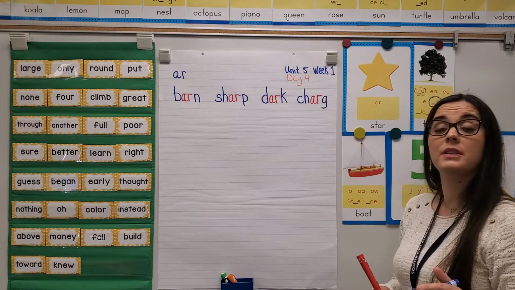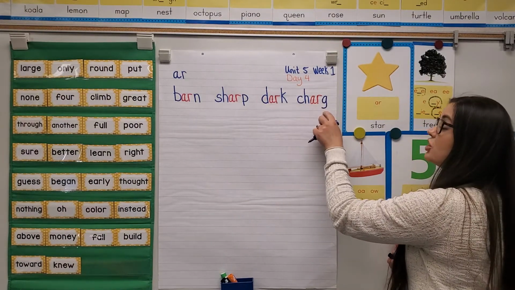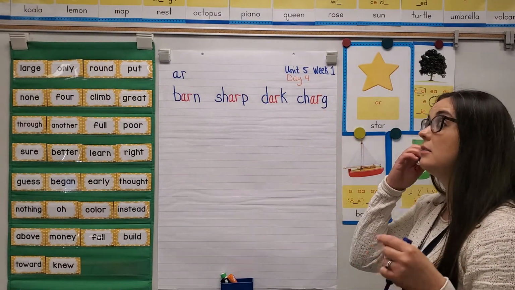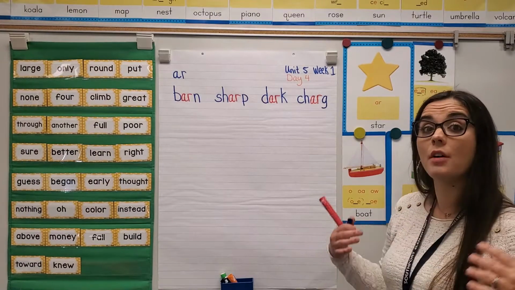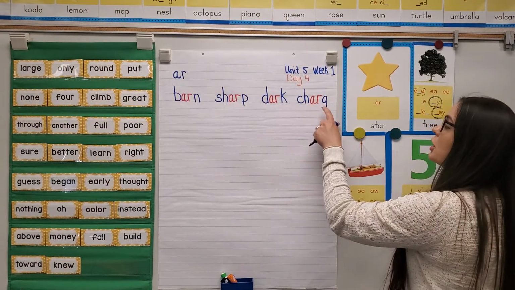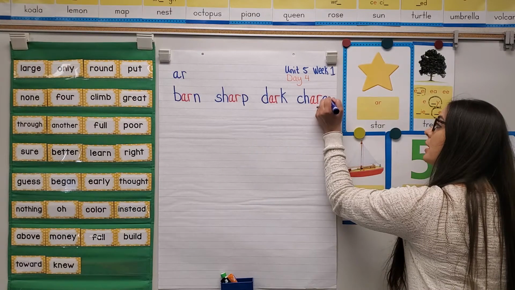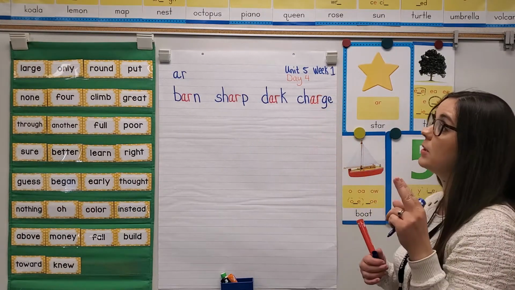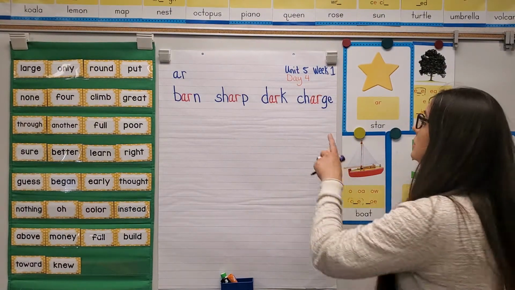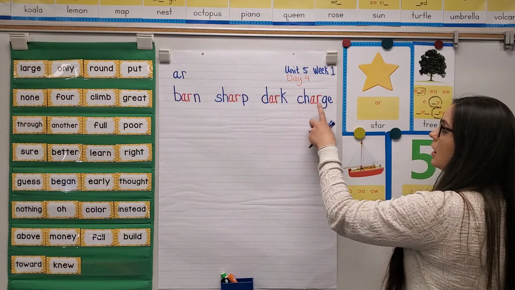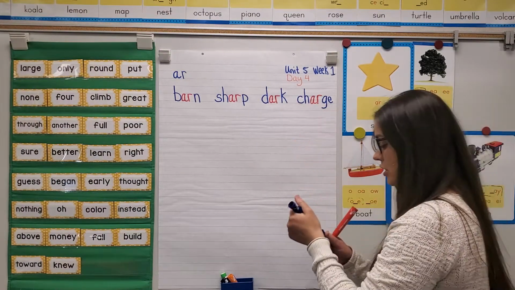And then the sound that you hear at the end, ja, that's the J sound, which is the soft G. Remember, G-E is a way that we can spell that, ja. Let's blend. Ch, R, ja, charge, charge.